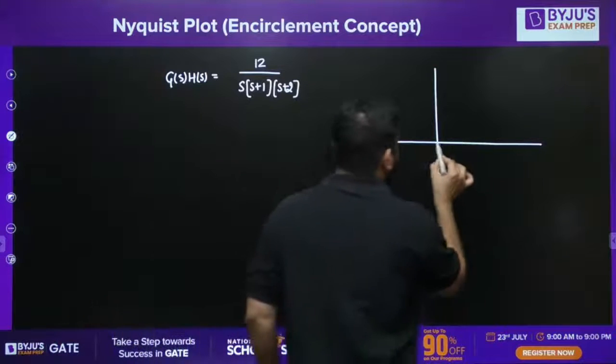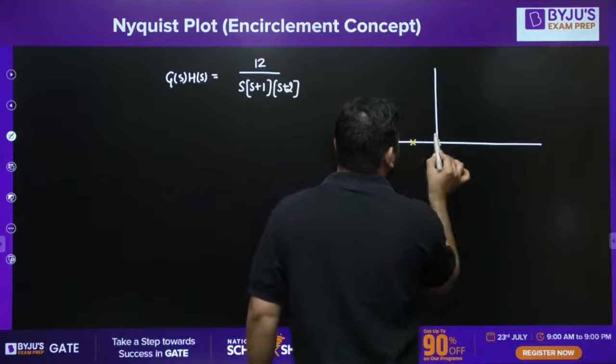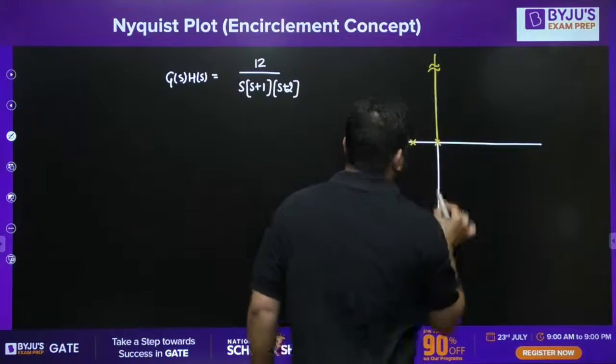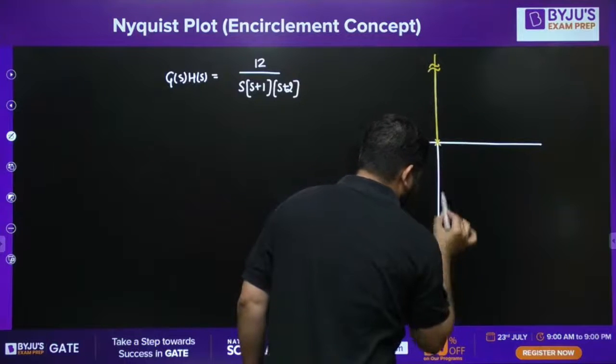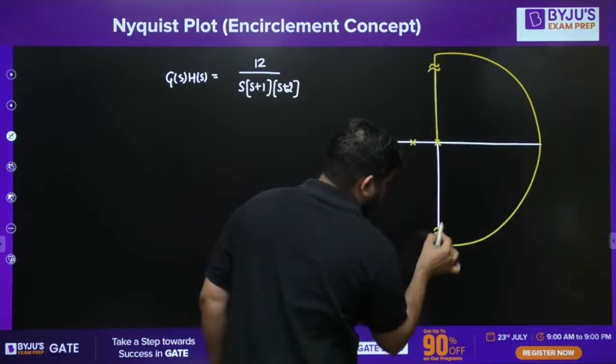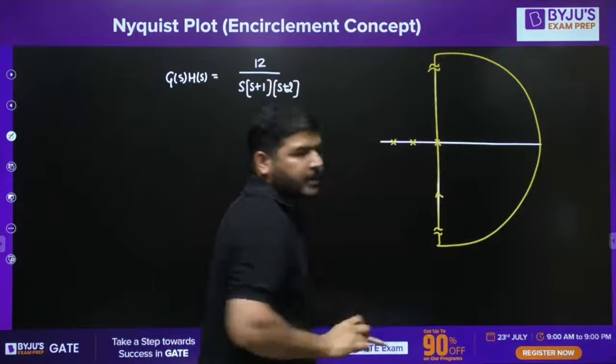Okay. Let me show you the S-plane contour. One pole is lying here, one pole is here, and one pole is here. So I told you that while taking the S-plane contour, you have to include or exclude this pole location.